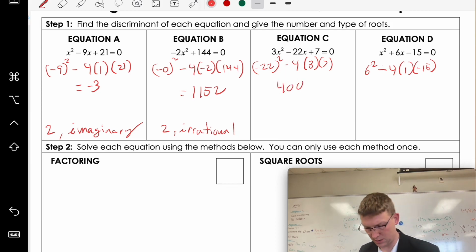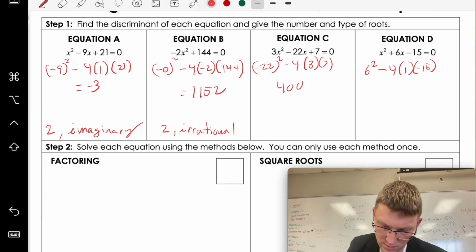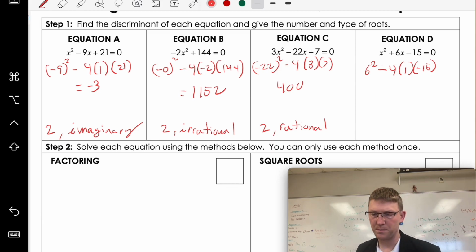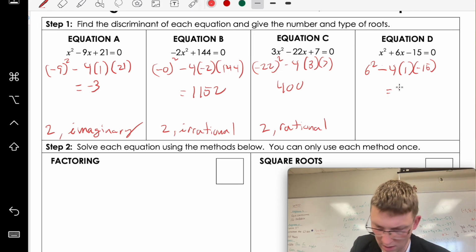400. Pretty sure that's a perfect root, but I'm going to double check just in case. Square root of that is 20. So we're going to have 2 rational numbers. And then equation D is what? 6 squared minus 4 times 1 times negative 15 is 96.